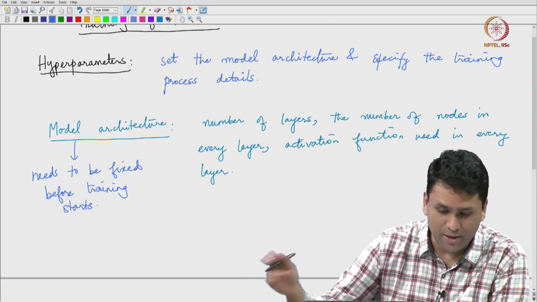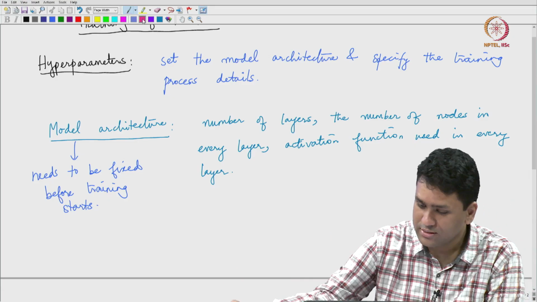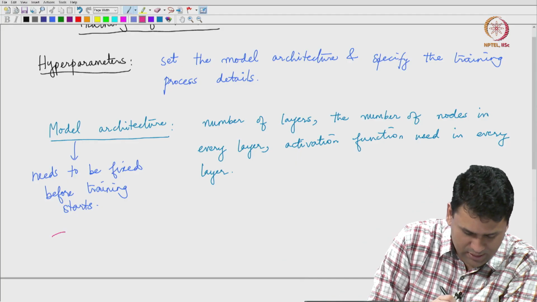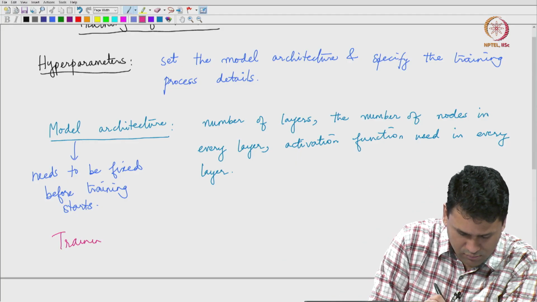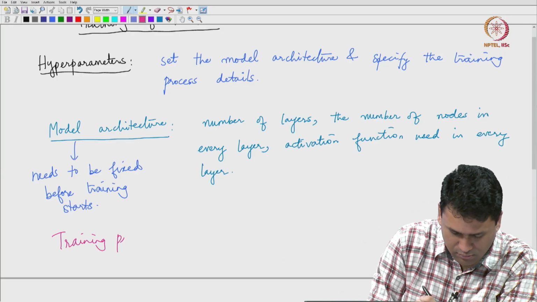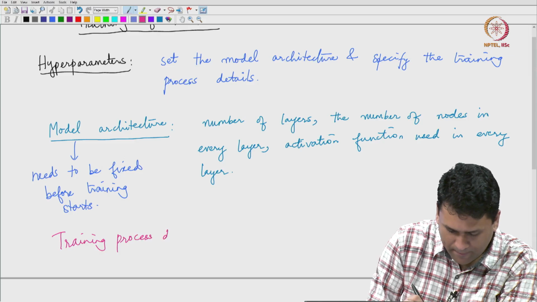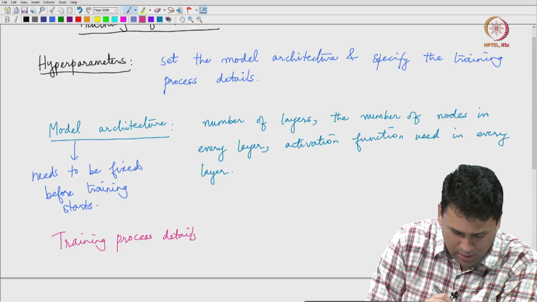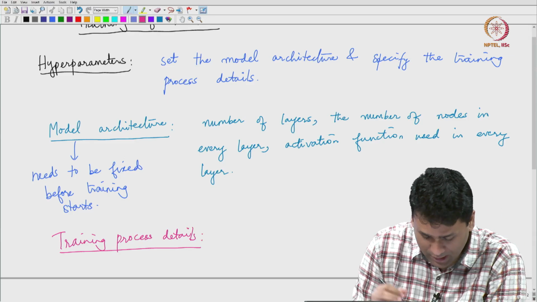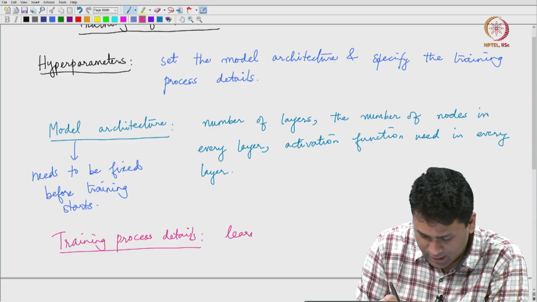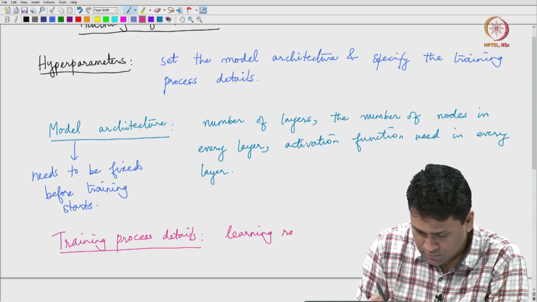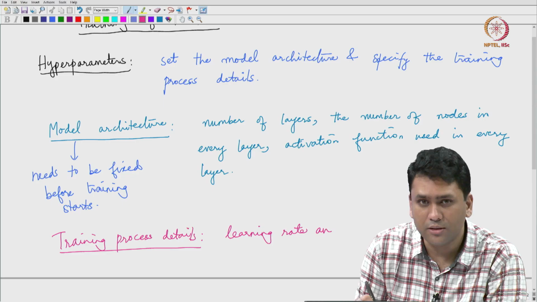The other hyperparameters specify the details of the training process, and that includes things like the learning rate and the optimizer used.